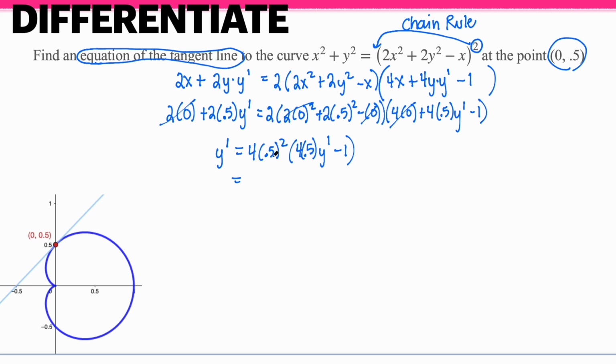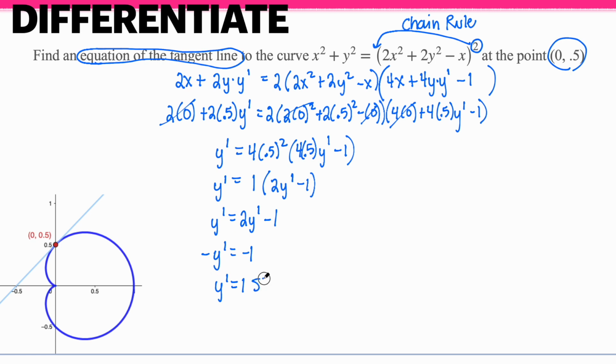Now I can clean it up. 0.5 squared is 0.25 times 4 is actually 1. 4 times 0.5 is 2 minus 1. So I have y prime equals 2y prime minus 1. So I'm going to subtract 2y prime, and I get y prime is 1.